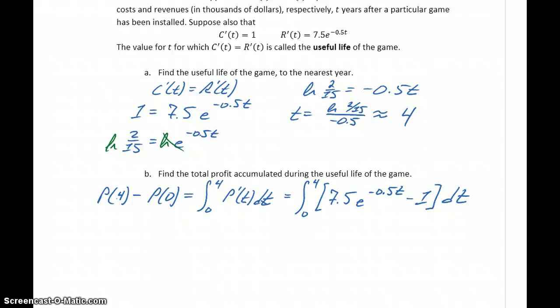So let's also introduce kind of a shortcut here now that we've been doing integration by substitution for a while. The integral of e to the ax dx.